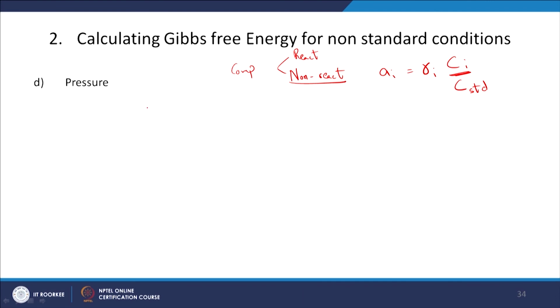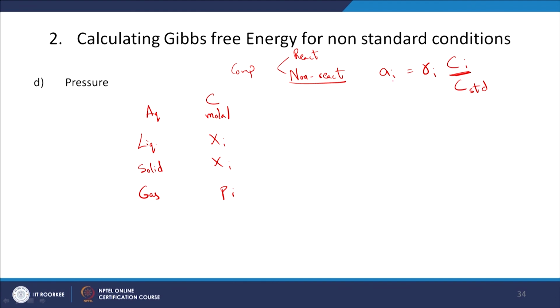For aqueous phases we said the concentration units need to be molal, and for the liquid phase we said the units had to be mole fraction, number of moles of your particular component by the total moles. Same with the solid phase, we again look at mole fraction, but for the gaseous phase we look at the partial pressure.